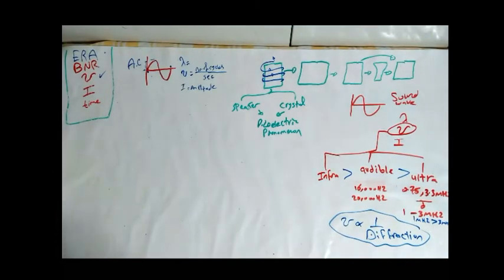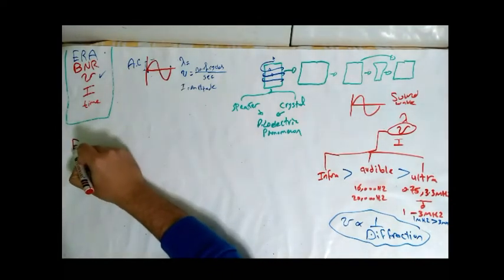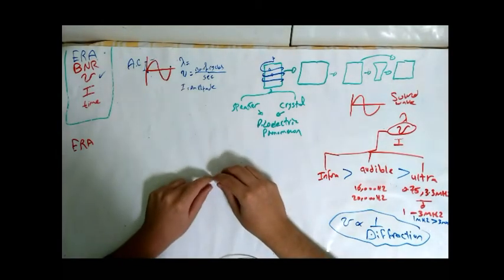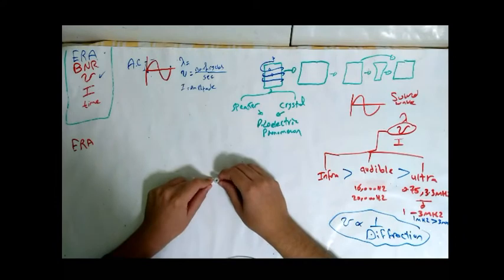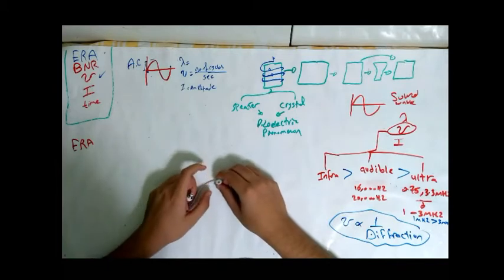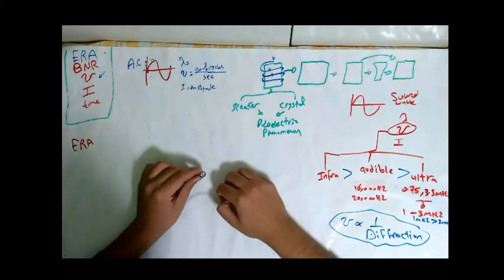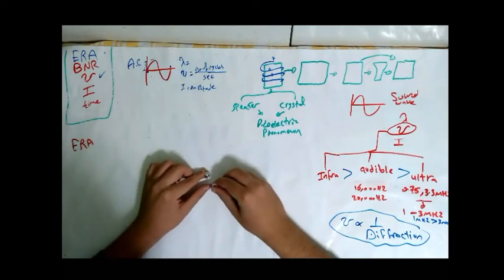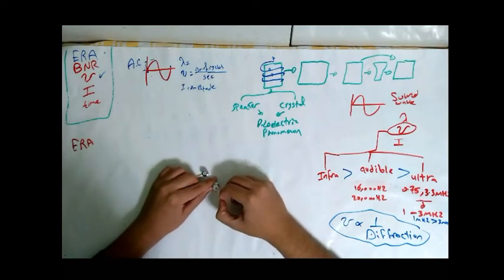Before understanding how ultrasound propagates, first let's know what ERA means. If you notice now the diameter of the earpiece, you will find that this diameter is smaller than the diameter of the earpiece after removing the area that doesn't produce the sound.